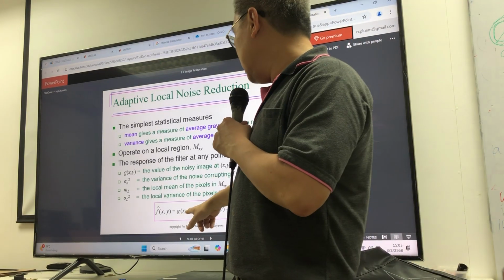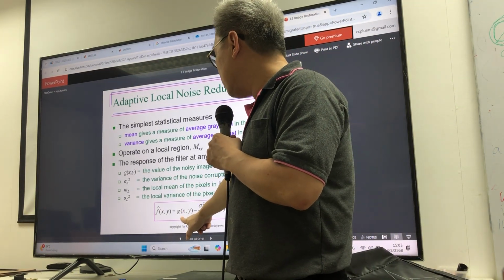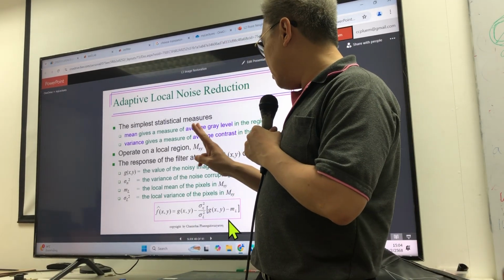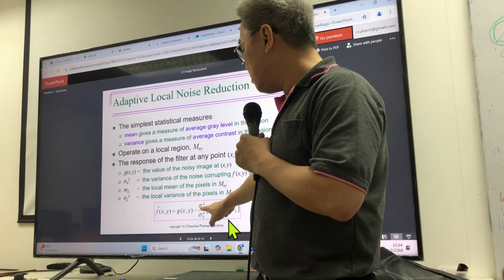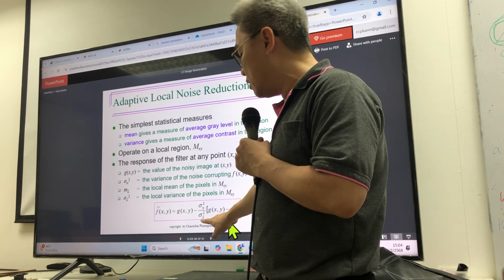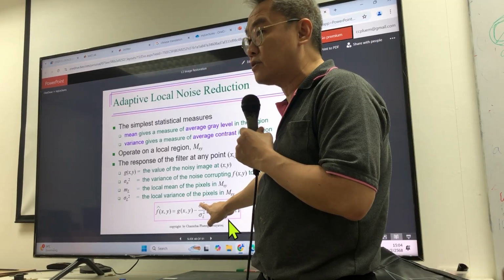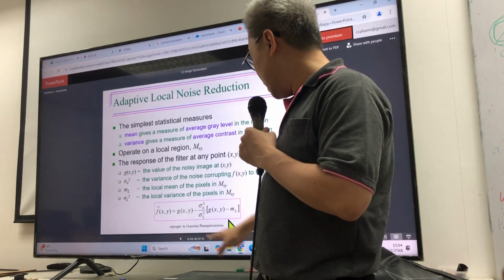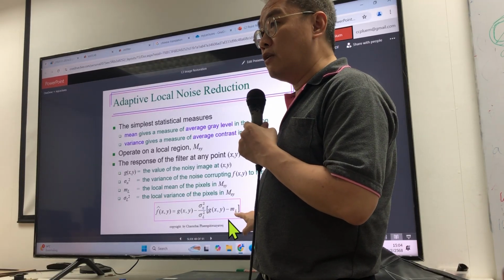G is the values of the noisy image. There are three parameters: ML, sigma square n, the variance of the noise, and sigma square L, the local variance. Sigma n is a global variance, and ML is the local mean.